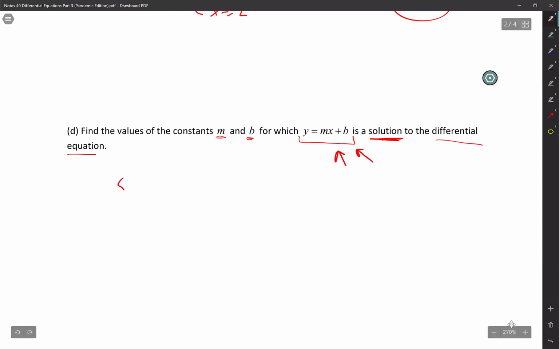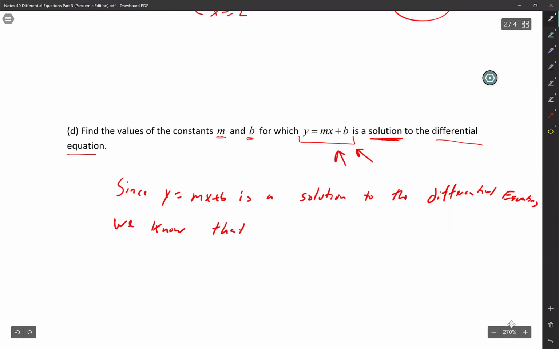I'm going to say, since y equals mx plus b is a solution to the differential equation, comma, that's an n there, we know that the second derivative must equal 0 since y equals mx plus b is a linear line. That's how I think.